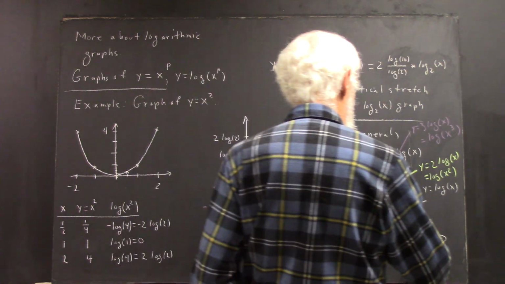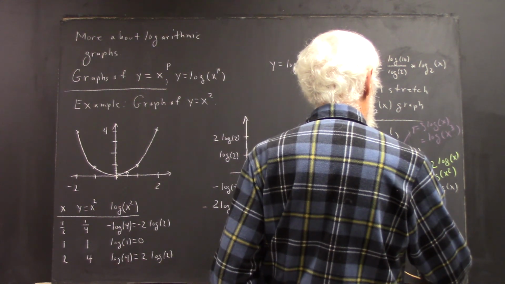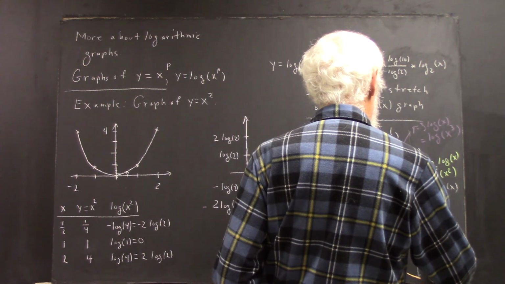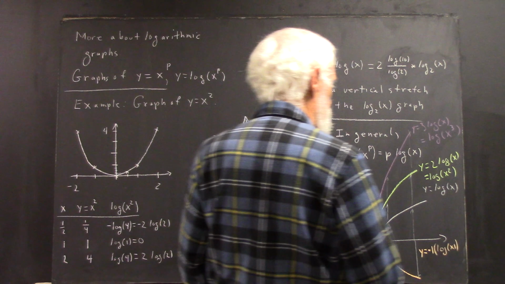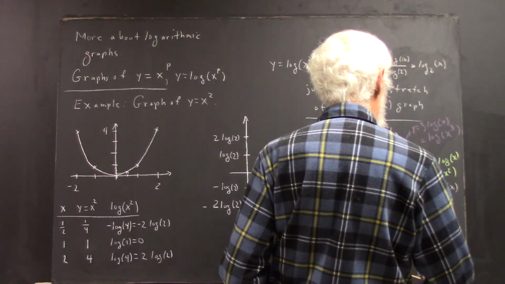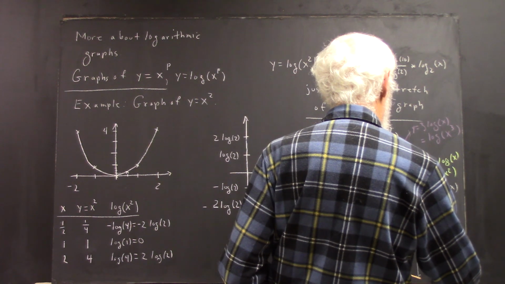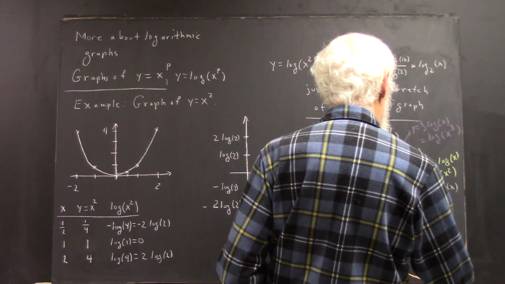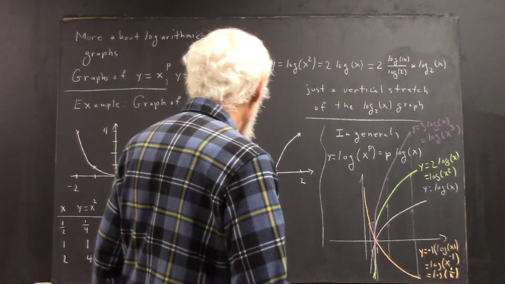This could be y equals -1 times log of x. Of course, that's just negative log of x, but I want to be explicit about the 1, equals log of x to the -1, which is the log of 1 over x.